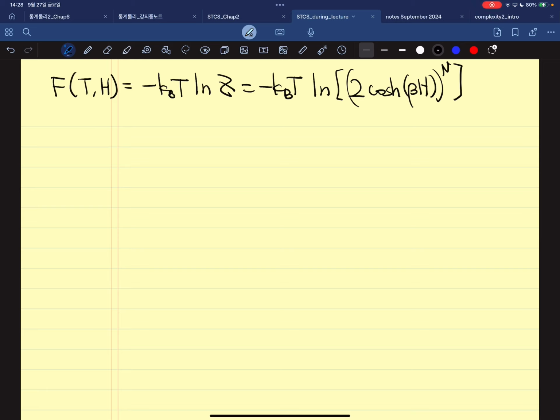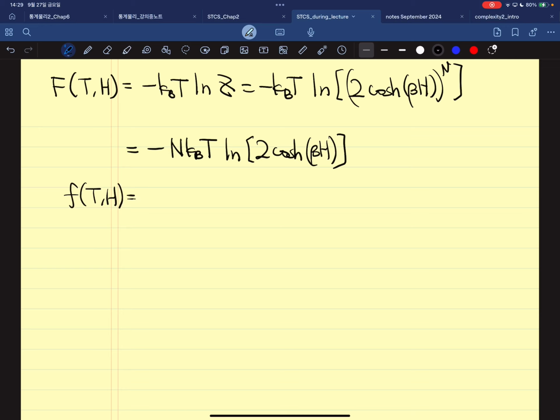Because of the property of the logarithmic function, we can put this n in front of the log. So this is minus n kBT log of twice the hyperbolic cosine of this one. And of course, the free energy per spin is F over n, so it's minus kBT log of the same factor.